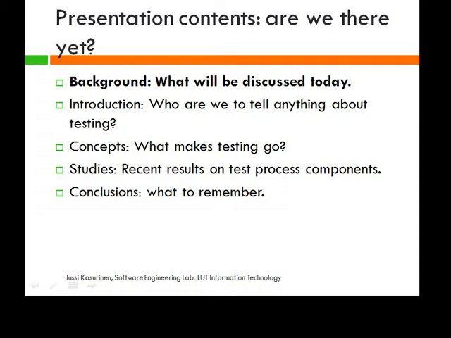And the third topic are the central concepts, themes of my dissertation. And on the fourth phase, I present some of my study results, give an idea on what kind of test process components, test process results we were able to get during this study. And the last part is what to remember, the conclusions. It's a quick recap on the things I discussed today.